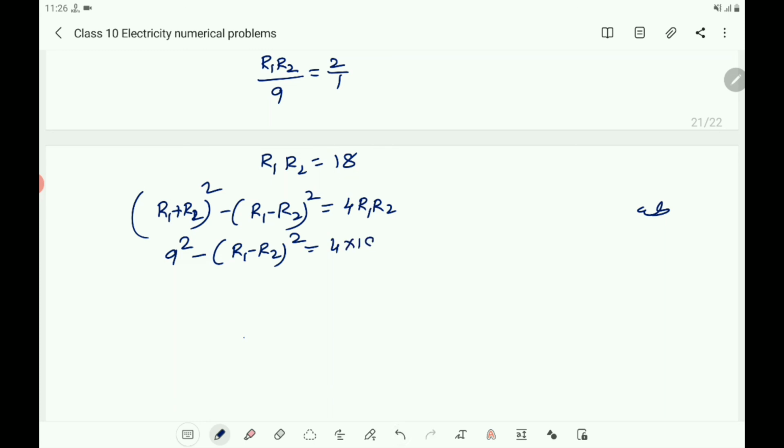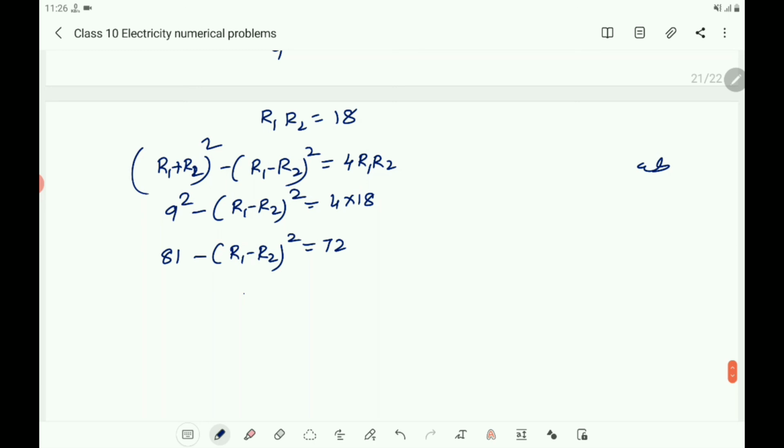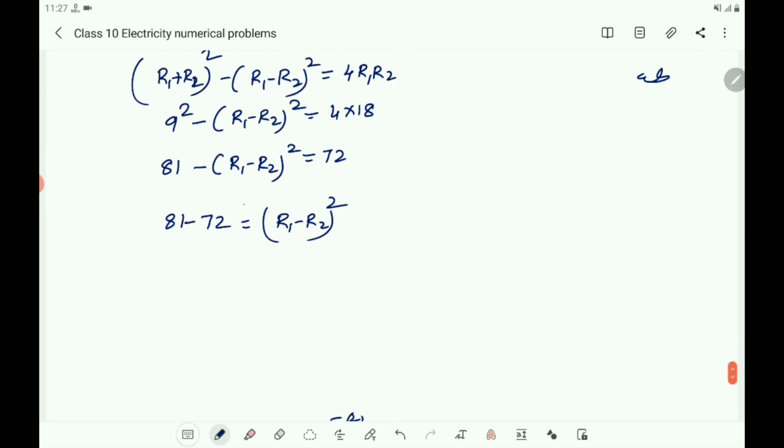So it is 4 into 18. 9 square is 81 minus (R1 minus R2) square equals 18 4s are 72. Now you transfer this and transfer the 72 to the LHS. That becomes 81 minus 72 equals (R1 minus R2) whole square. Then 81 minus 72 is 9, equals (R1 minus R2) whole square.